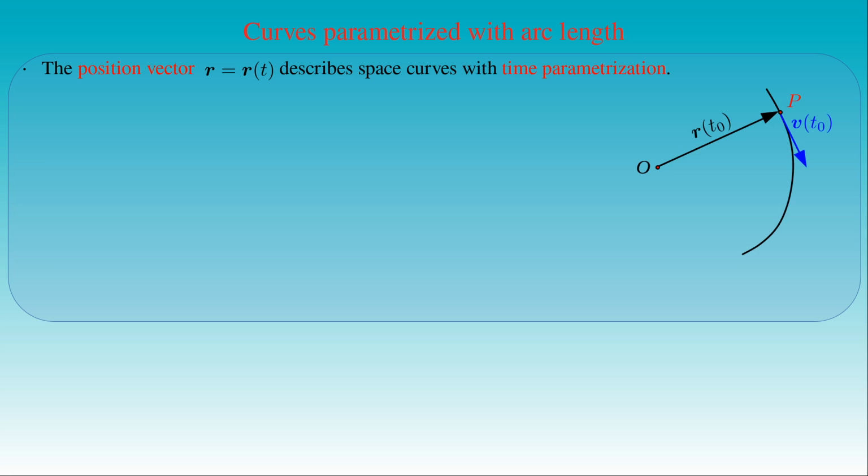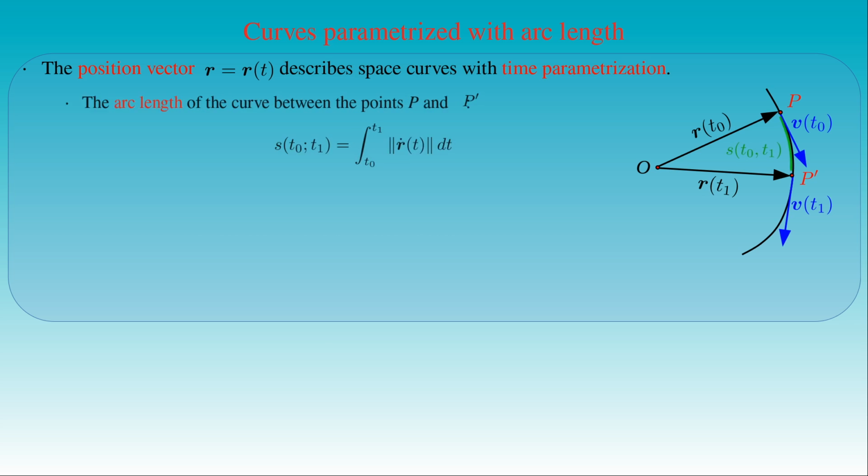The position P on the curve is given by the position vector r(t0). The velocity of the point mass is described by the velocity vector v(t0), which is tangent to the curve at the point P. At the instant of time t1, the point mass will reach the point P', described by the position vector r(t1). The velocity of the point mass at the point P' is given by the tangent vector v(t1) to the curve at that point.